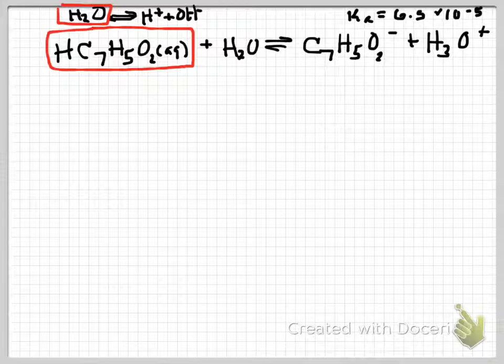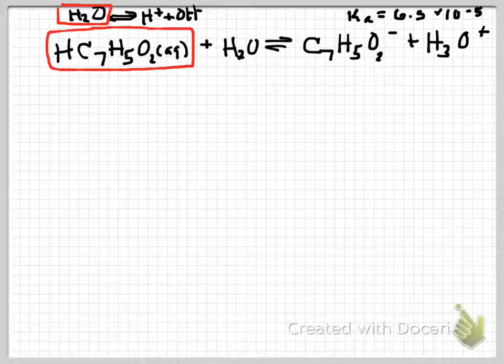We'll know that the benzoic acid dissociation is going to be more important than the water dissociation, because our Ka, 10 to the minus fifth, is much greater than Kw of 10 to the minus 14th. So we're going to focus in on our benzoic acid reaction.